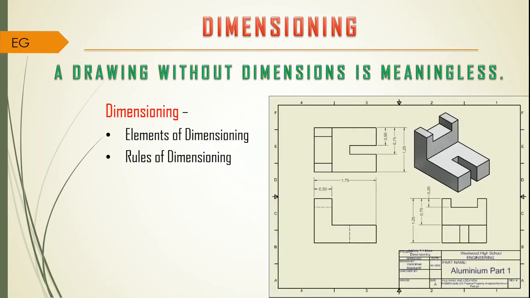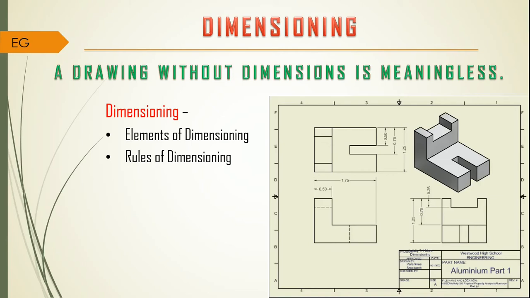Yes, a drawing without a dimension is meaningless. If you simply draw an object and it doesn't carry any kind of dimension in the drawing paper, that drawing of an object is completely a meaningless activity.